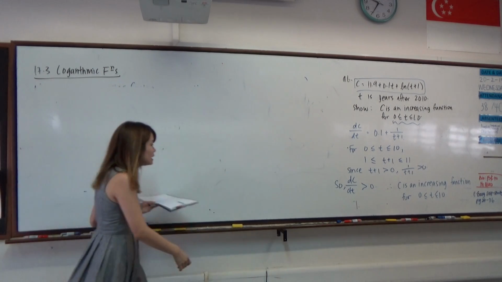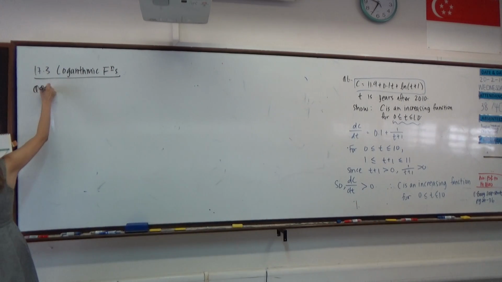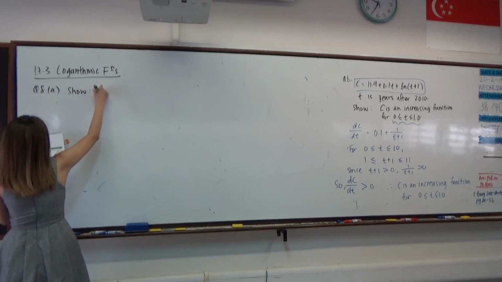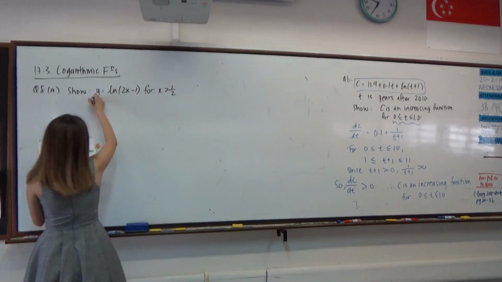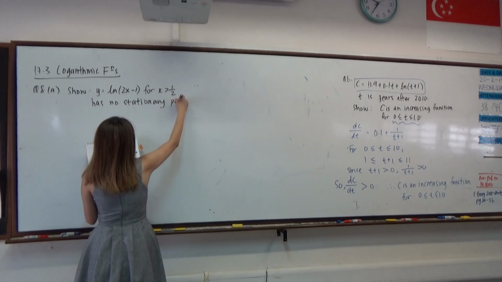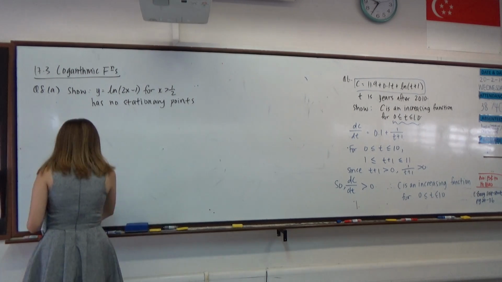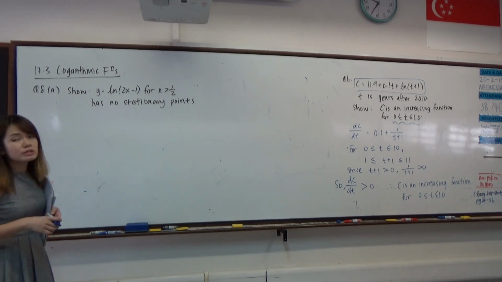Okay, one last question before we end off this chapter. 8a. We want to show that this given equation, for the given condition x more than half, has no stationary points.